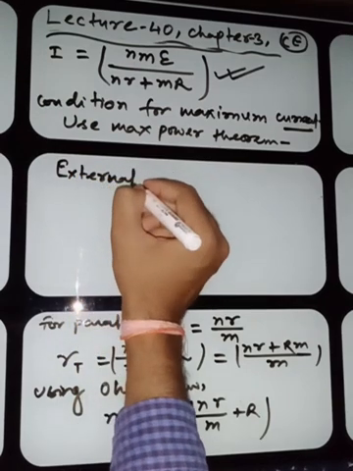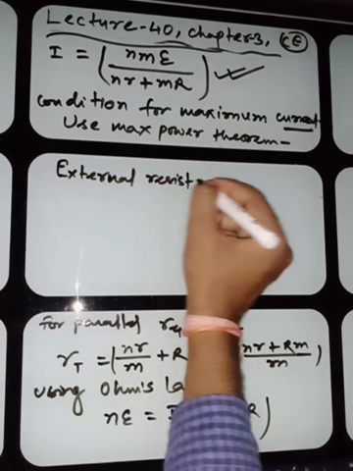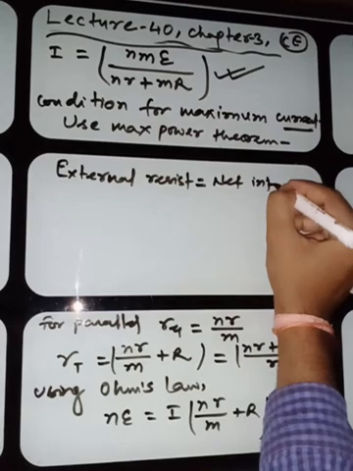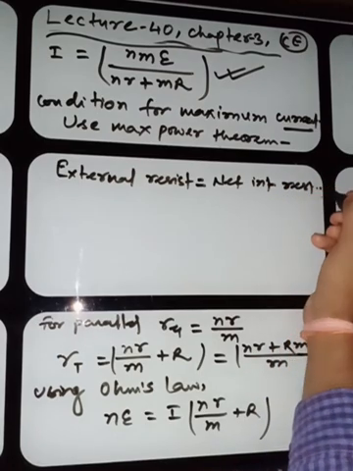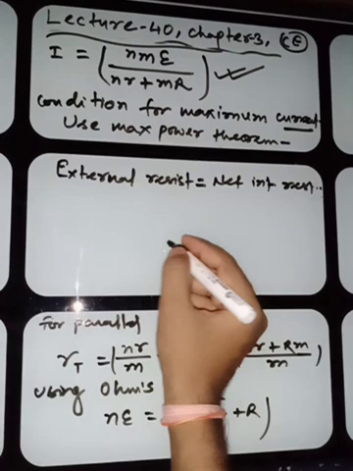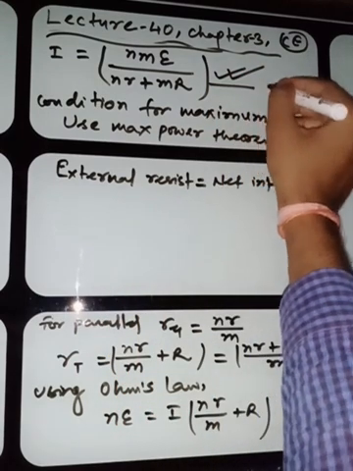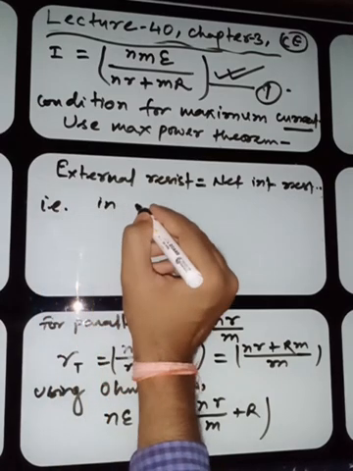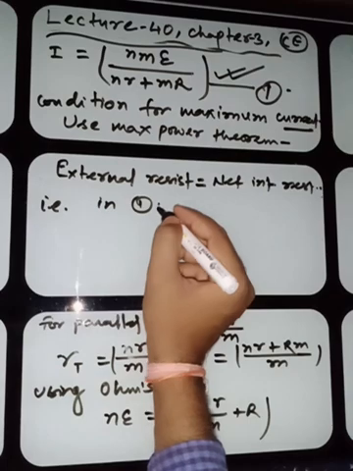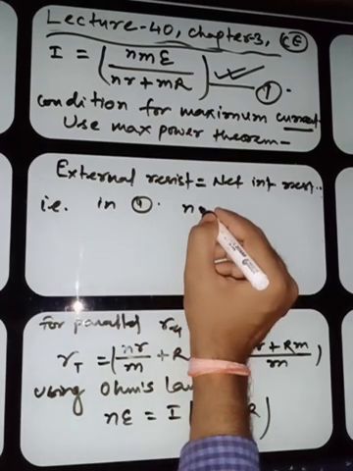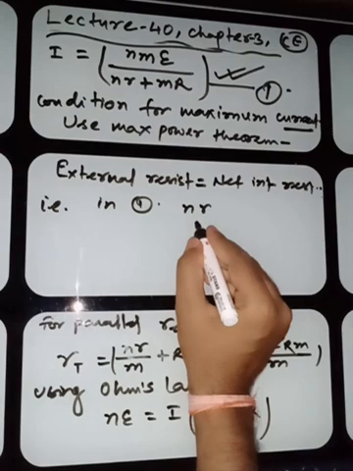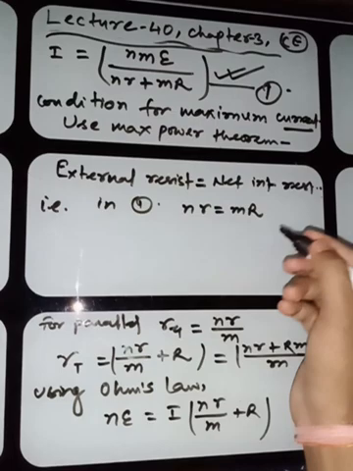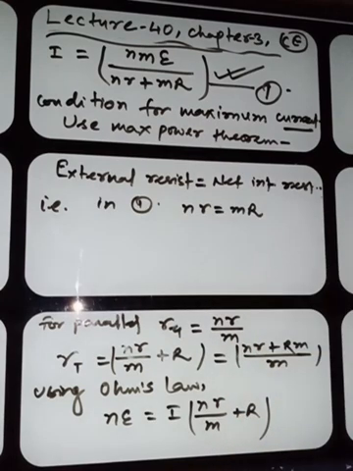should be equal to the net internal resistance. That is, if this is equation 1, my dear student, you have to write NR, this is the internal resistance, it should be equal to M times R. How do we write the net resistance?